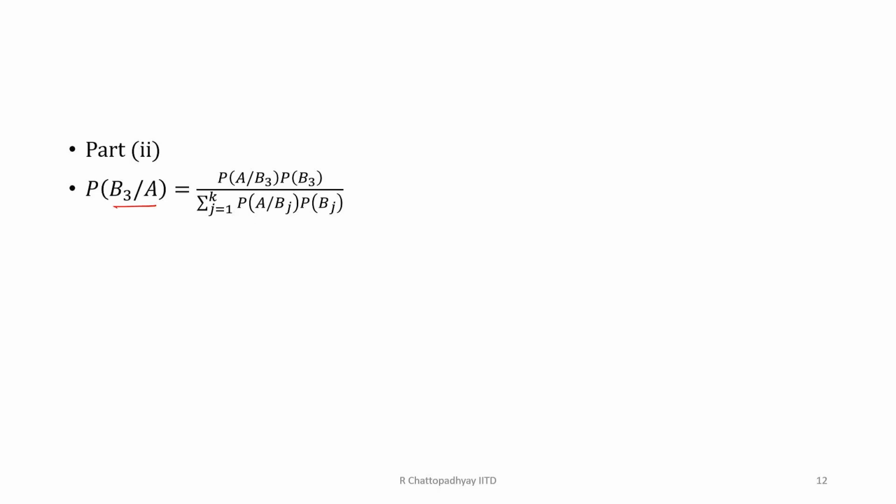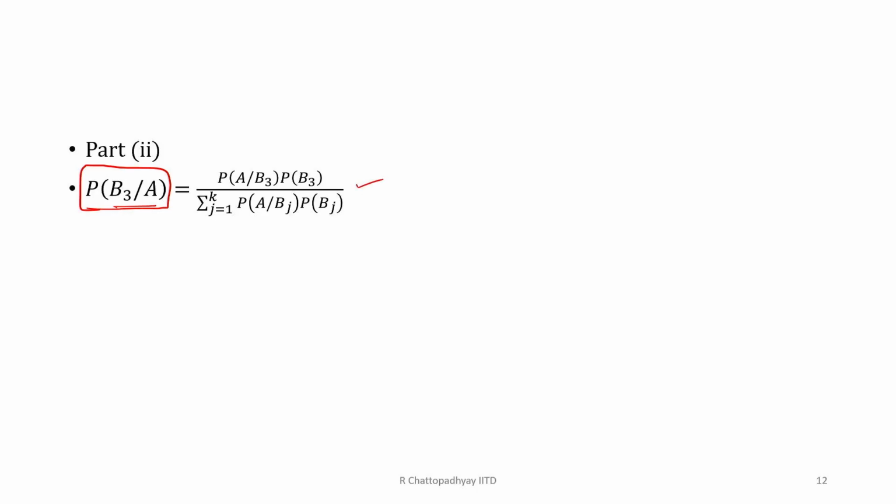So if I want to write this, this is the mathematical form. This is how we have to write it. And as per the formula, this is what we should write.